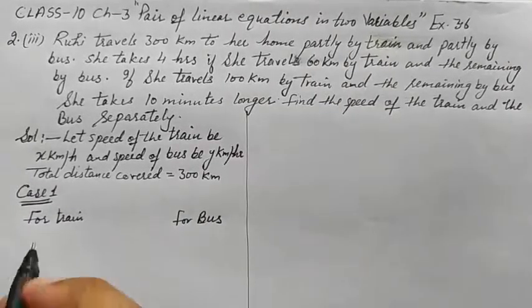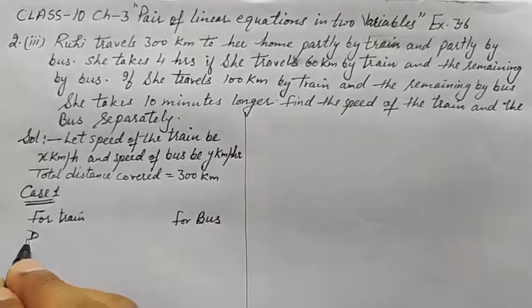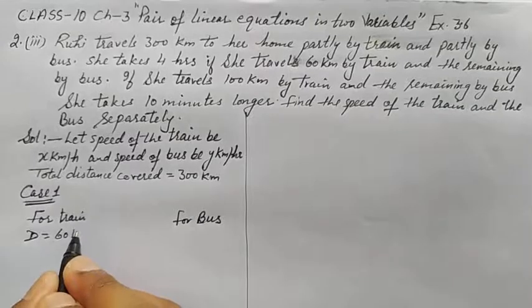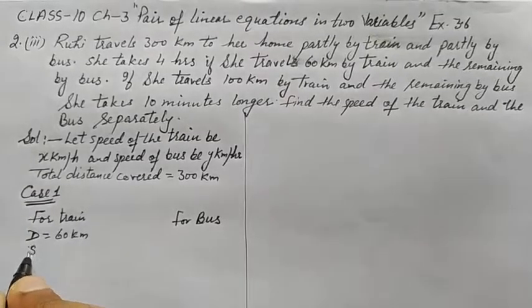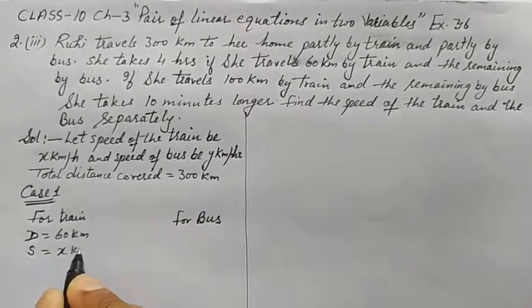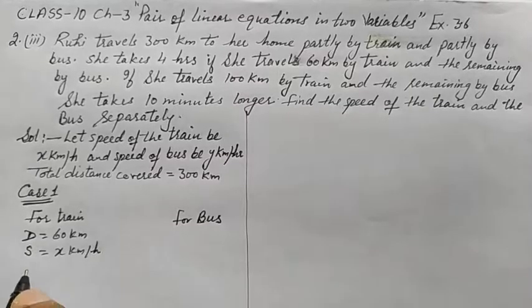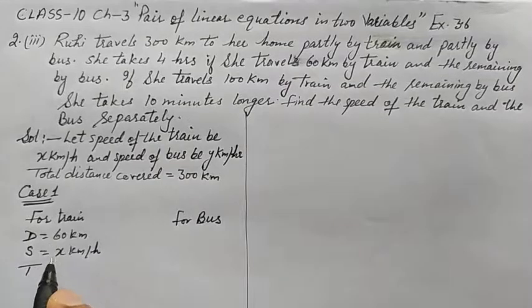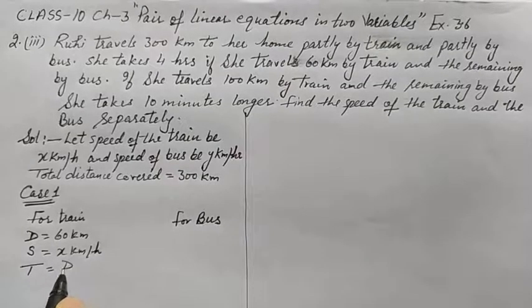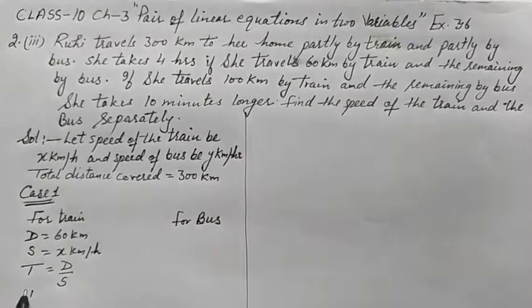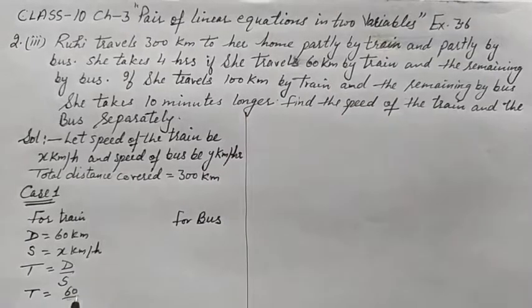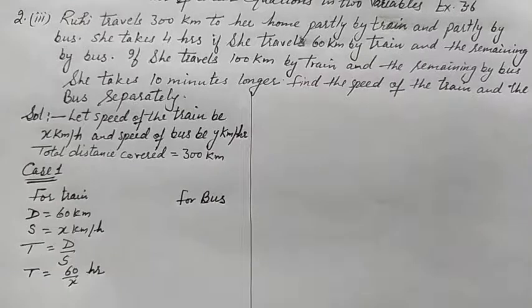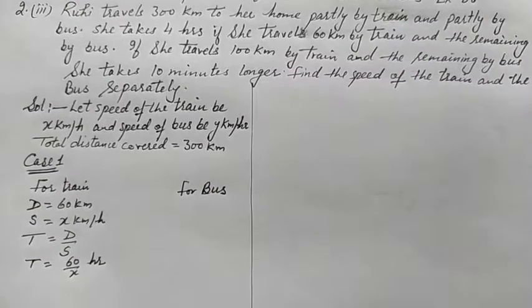So for the train, what is the distance traveled by the train? It is given, 60 kilometers. What is the speed of the train? That is x kilometers per hour. What is the time taken by the train? Time is distance over speed, so time is 60 over x hours. This is the time taken by the train to travel 60 kilometers.